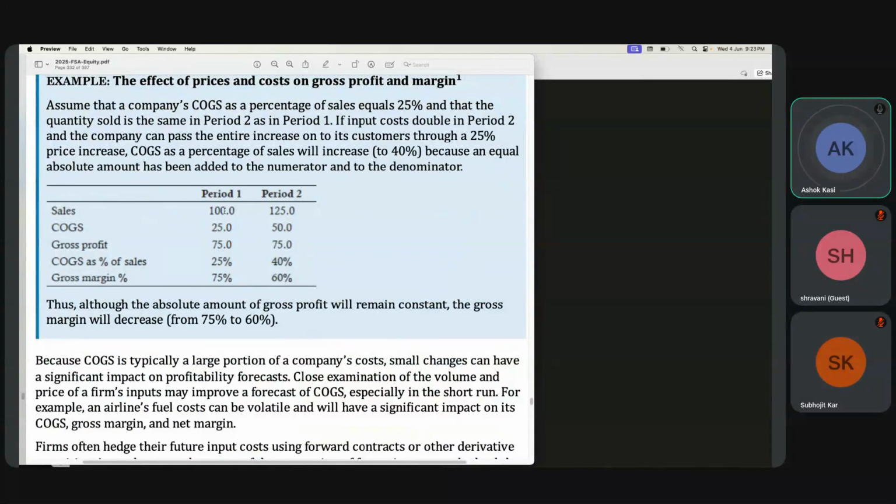So now period one, sales is 100, gross profit is 10. They have given all the numbers. There is nothing to calculate. They said cost of goods sold is a percentage of sales that equals 25 percent.